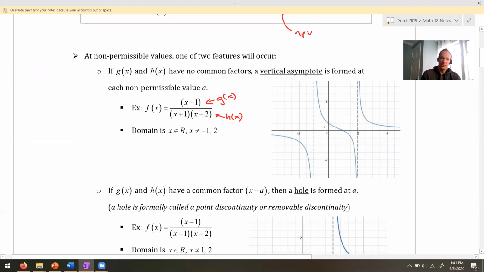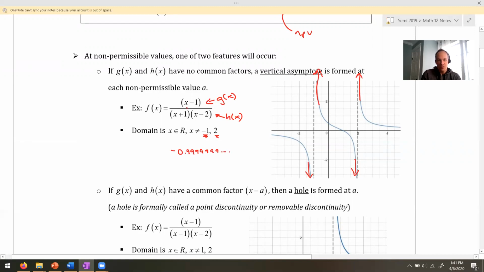If you're still a little unclear on why the graph shoots up when it gets close to a vertical asymptote, just remember that if x is not exactly equal to -1 or 2, but really close, like let's say it was -0.9999999, whatever.